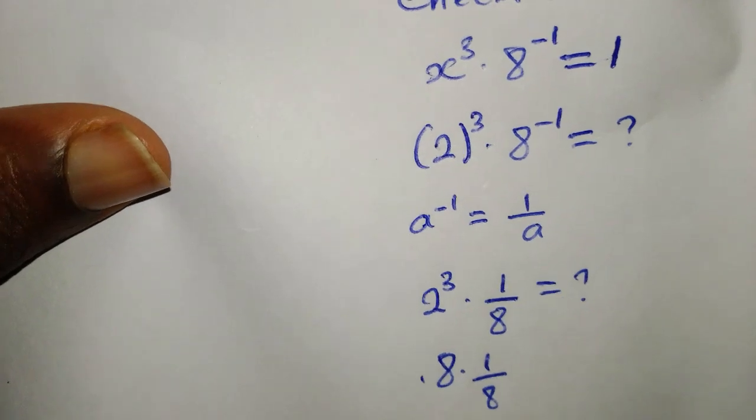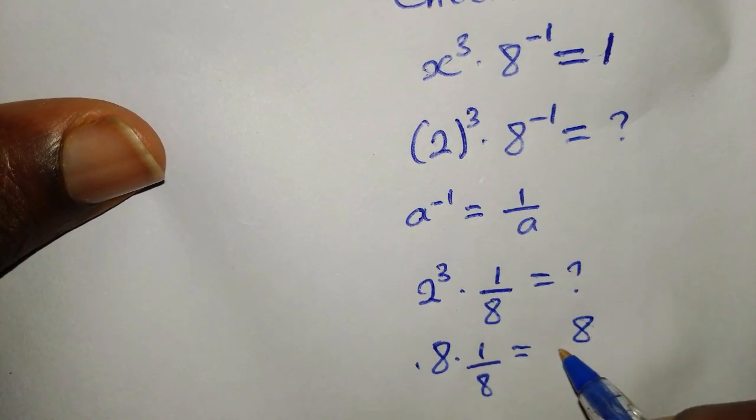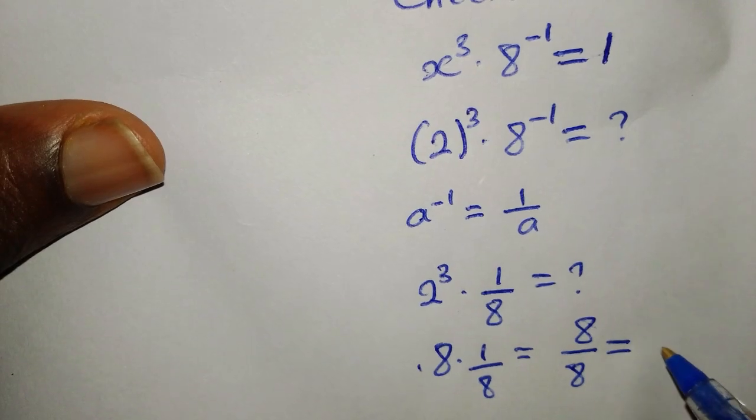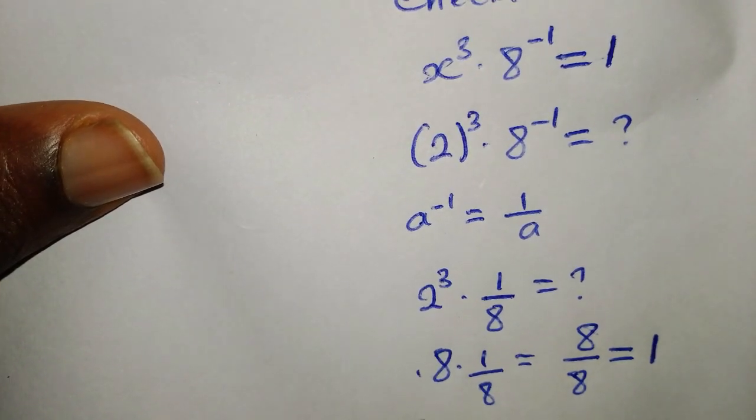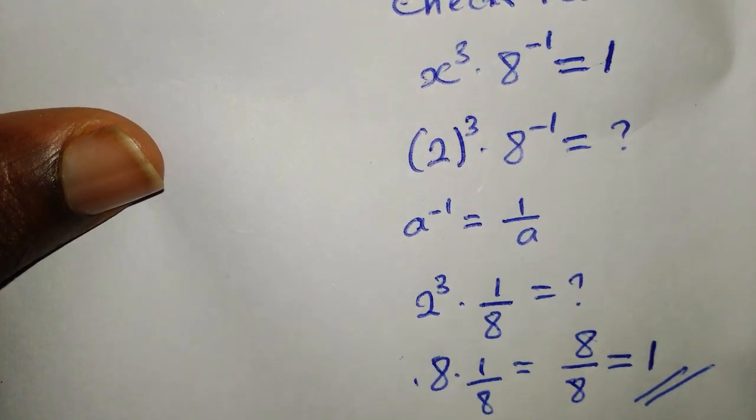This is also equal to 8 over 8, which is equal to 1. So what we solved was correct. The value of x in this challenge was correct.